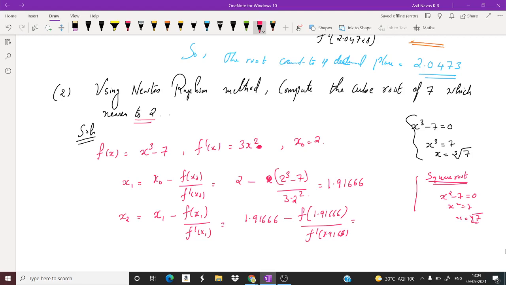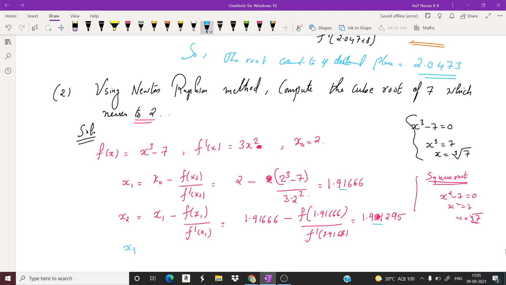If you have a calculator, it's very easy. Please do this: this cube minus 7 divided by this, and you will get the answer 1.91295. So now it is correct up to 2 decimal places.